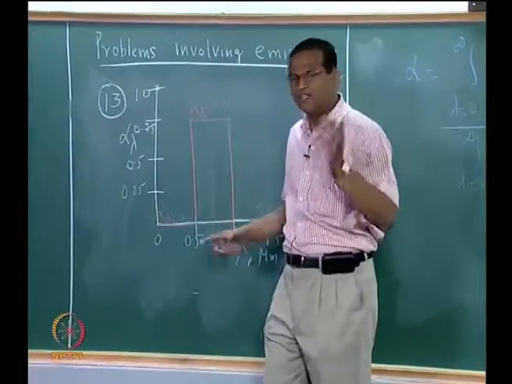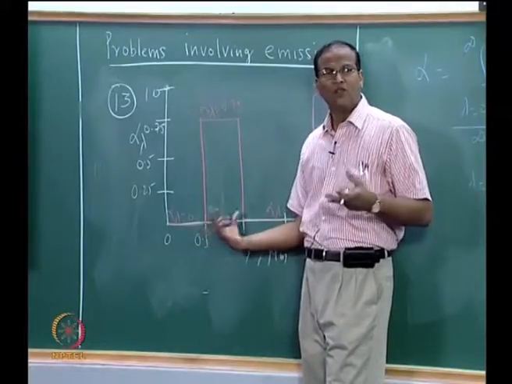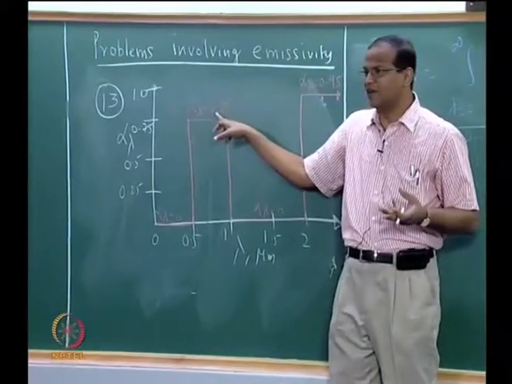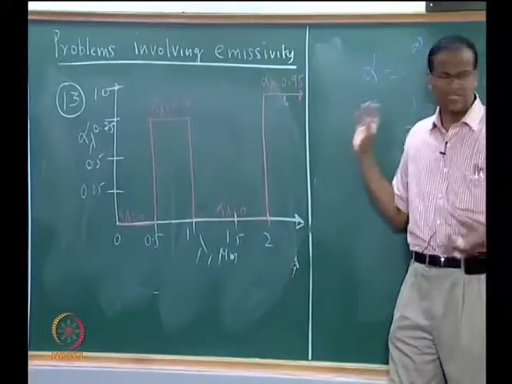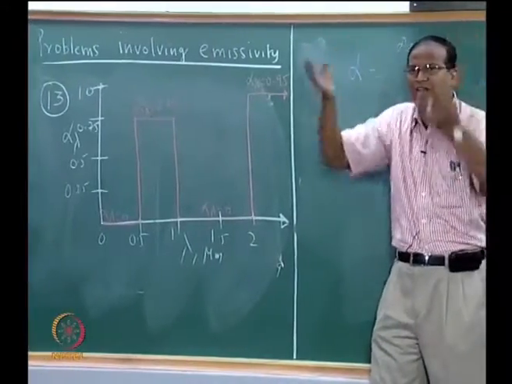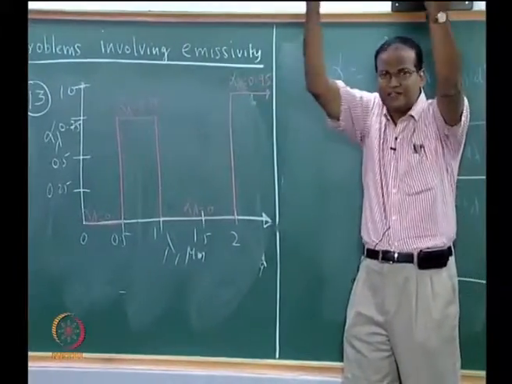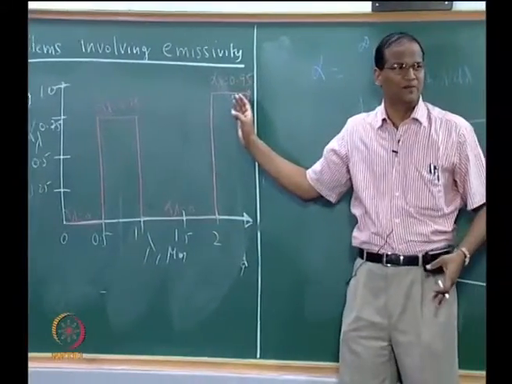If 0.4 to 0.7 were to be 37%, I expect this to be about 50%. Out of that 50%, its efficiency is 0.75, so I will get a value of about 0.38 or something. And 2 micrometer onwards is only 6%. Even though it has a terrific alpha of 0.95, the incoming radiation is not there in that part of the spectrum.